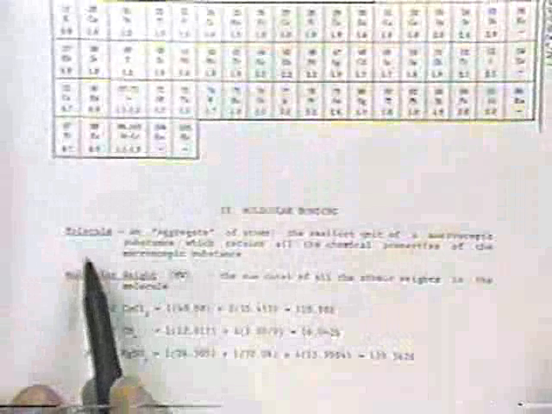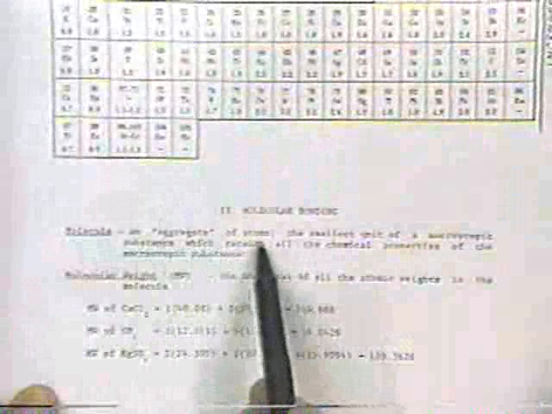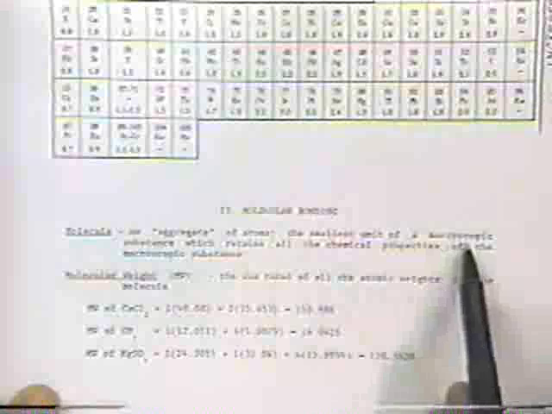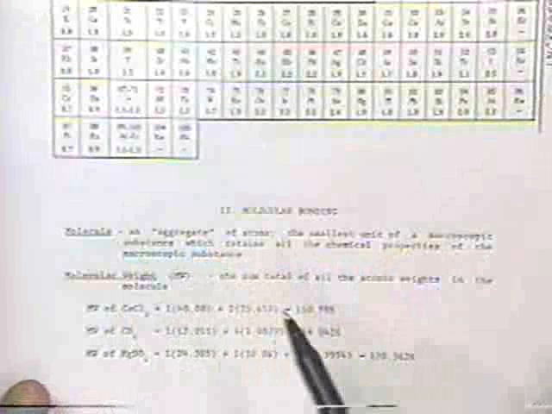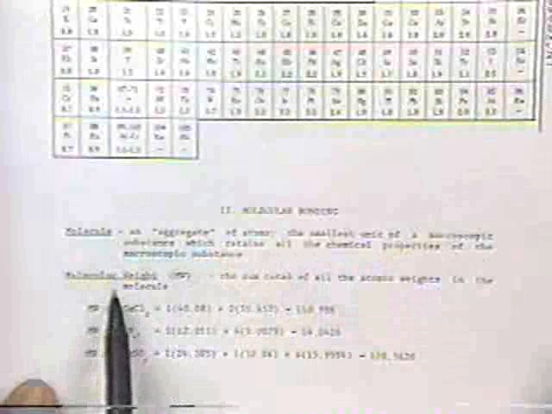So that gets us to our next topic, which is molecular bonding. A molecule is defined as an aggregate of atoms, the smallest unit of a macroscopic substance that retains all the chemical properties of that macroscopic substance. Another concept related to molecular bonding is molecular weight, which is the sum total of all the atomic weights in a molecule.